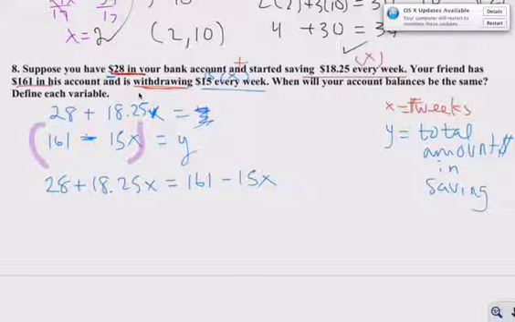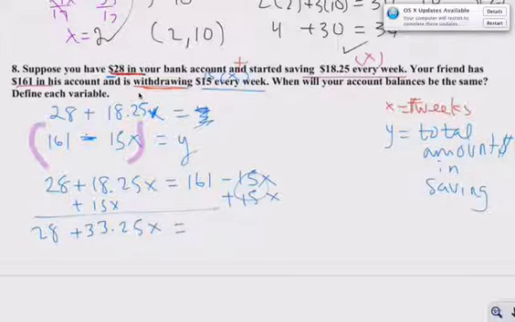Okay? Now we would add 15x. Okay, we would get 33.25x plus 28 equals 161. Subtract 28.